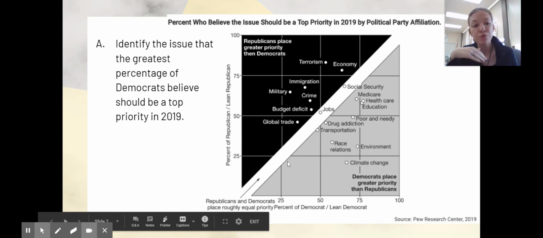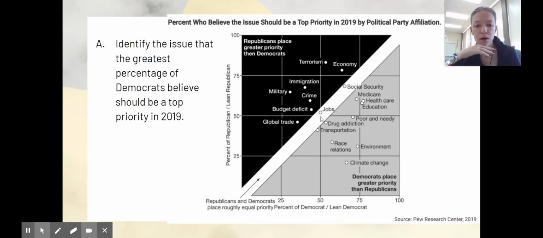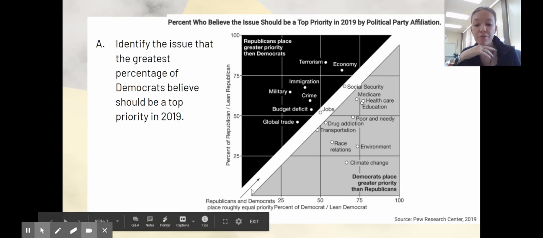Now you'll notice that the middle is split and it's white here. And there are some issues in the center. If you look at the graph, this is where Republicans and Democrats place roughly equal priority. So equal priority on jobs and Social Security.